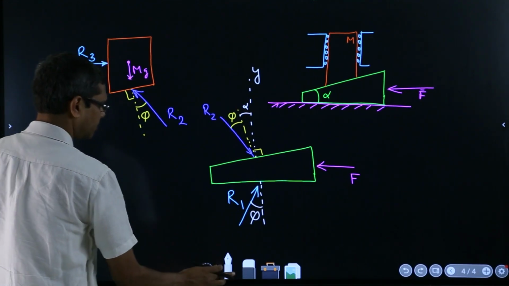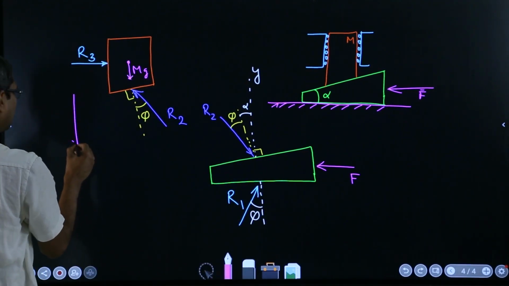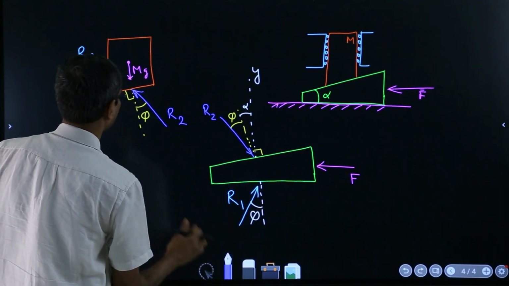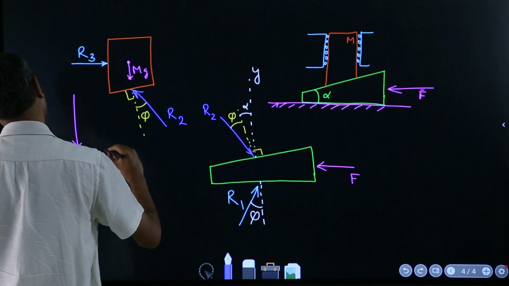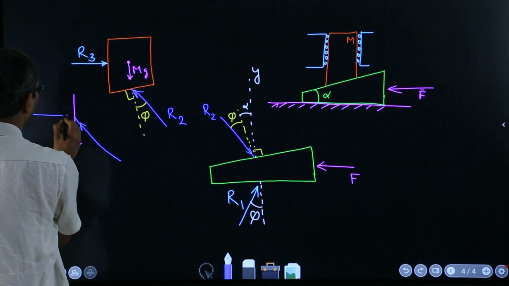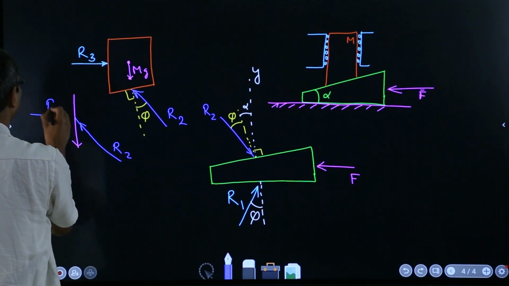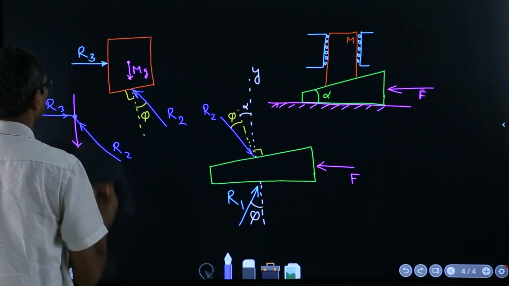So suppose mg is acting like that, and R2 is acting like that. Then R3 must pass through that. So this is R2 and this is R3. They must pass through the same point.